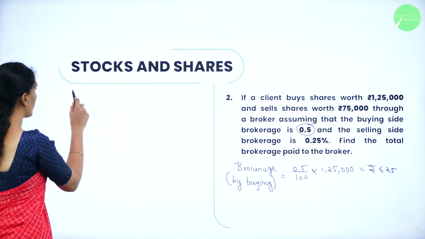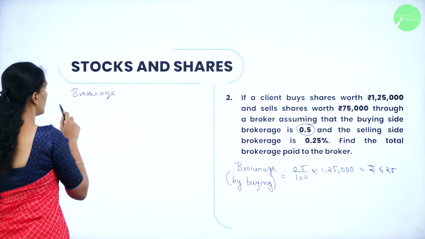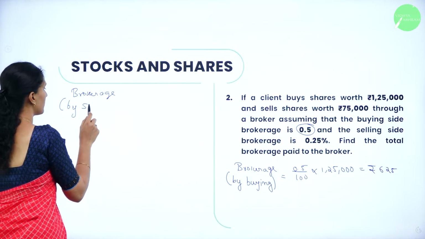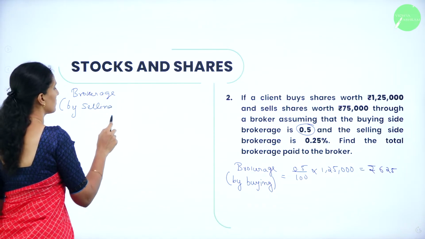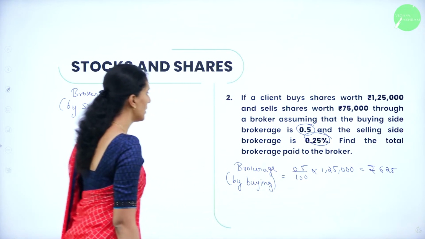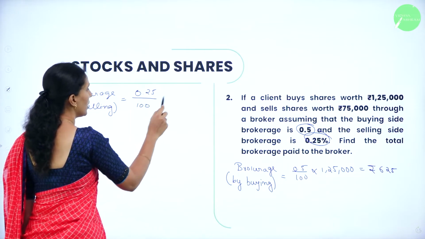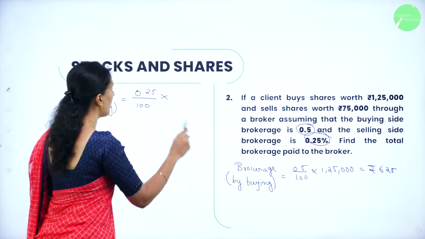Next, calculate the brokerage by selling. We have to calculate with 0.25. So the value is 0.25 over 100 into the amount, which is 75,000.